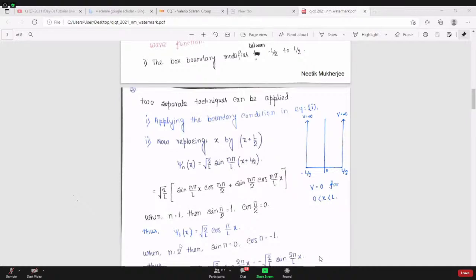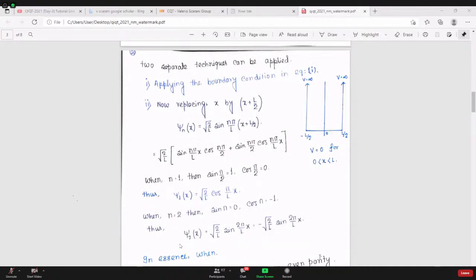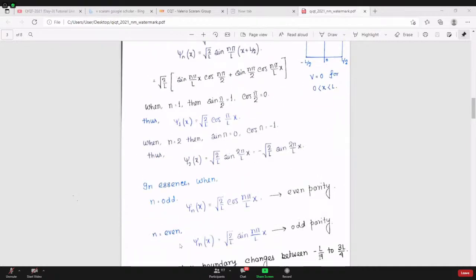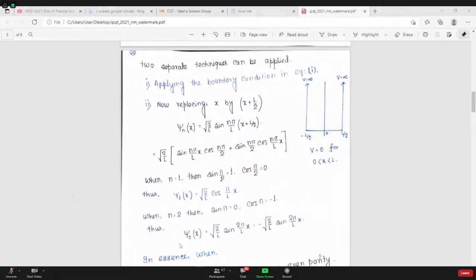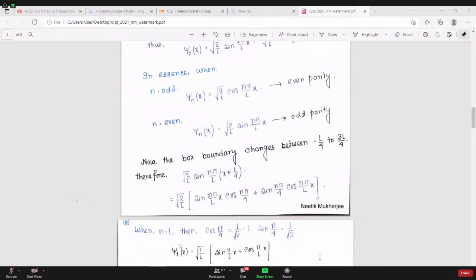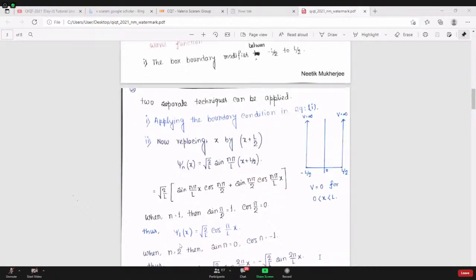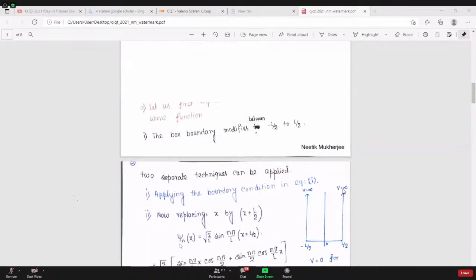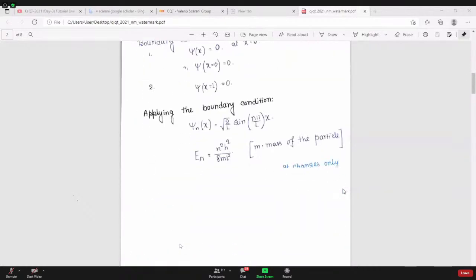The length is fixed, so it's actually sensing. Look, I just want to say that when it's minus L by 2 to L by 2, it's a symmetric box. But in other cases, symmetry is lost.